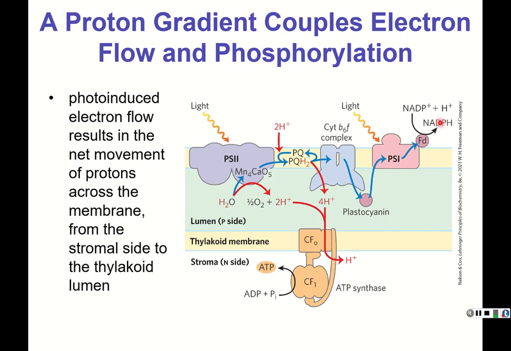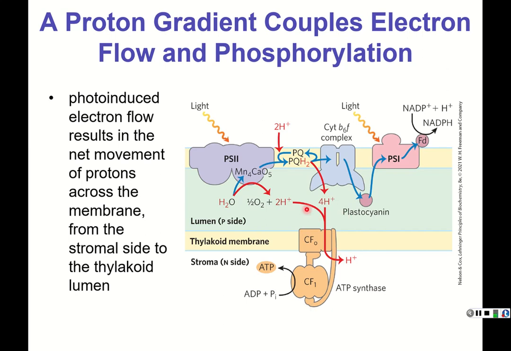Ultimately, the electrons go through photosystem 1 to ferredoxin and into NADP plus to make NADPH. The energy to do that, to take electrons from water to make NADPH, is all given by light. Doing this process creates this proton gradient. That proton gradient is then used to create ATP. Again, this is almost identical to complex 5 or ATP synthase in mitochondria.